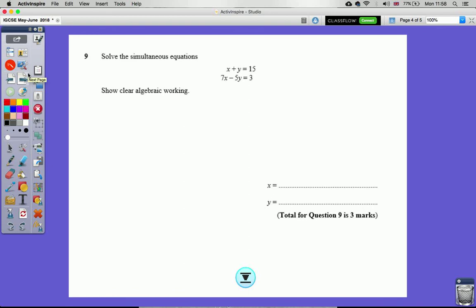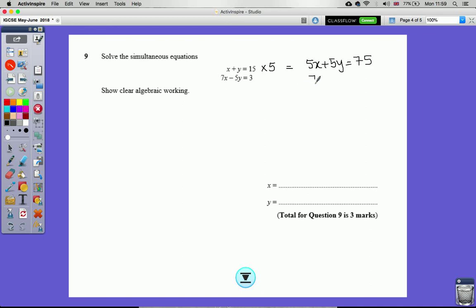Next question, simultaneous equations: x plus y is equal to 15, 7x minus 5y is equal to 3. Right. So I'm going to use the process of elimination. First I'm going to multiply the first equation by 5. You can multiply by 7 as well. So if I multiply the first equation by 5, I will get 5x plus 5y is equal to 75.